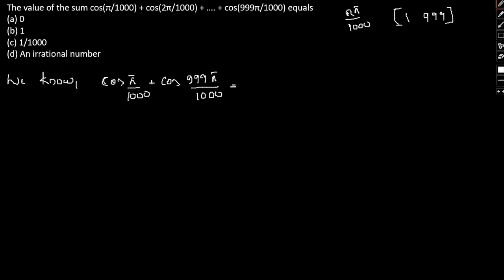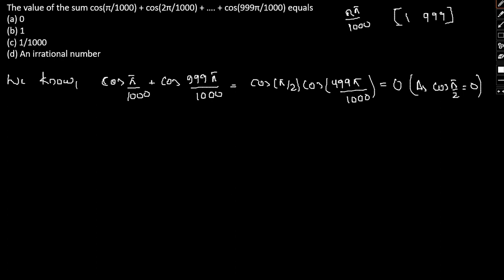This can be written as cos of pi by 2 times cos of 499 pi by 1000. Then this will come out to be 0 as cos pi by 2 is equal to 0. Simply we use the cos A plus cos B formula.